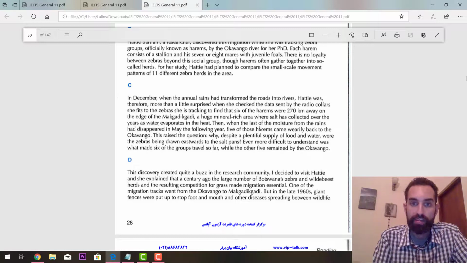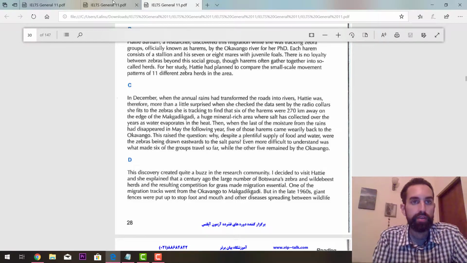Then, when the last of the moisture from the rains had disappeared in May the following year, 5 of those harems came wearily back to the Okavango. This raised the question, why, despite a plentiful supply of food and water, were the zebras being drawn eastwards to the salt pans? Even more difficult to understand was what made 6 of the groups travel so far while the other 5 remained by the Okavango.